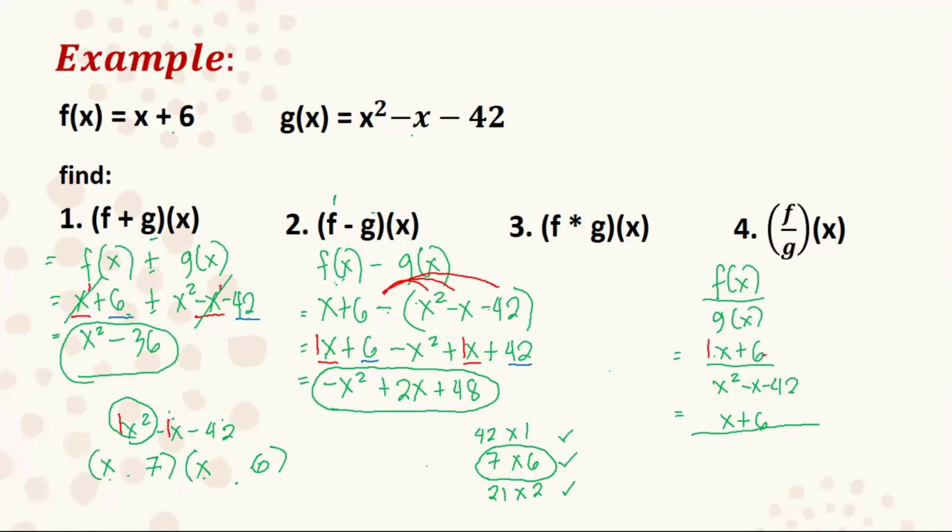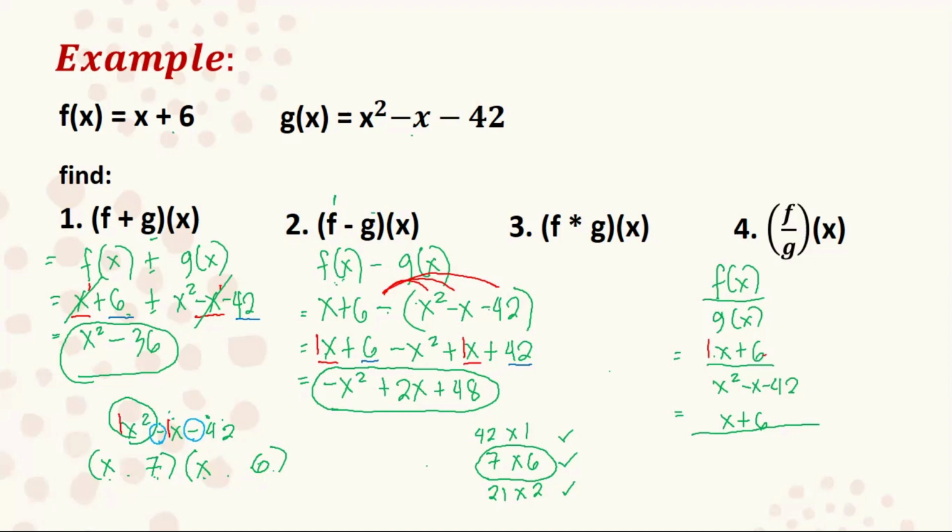Pagdating sa operations na nitong dalawang factors na to, we consider this operation and this operation. Since ang last term ay negative, ibig sabihin, isa dito sa factors na to ay positive at ang isa ay negative. Pero alin kaya yung dapat na maging positive, alin kaya yung dapat na maging negative?